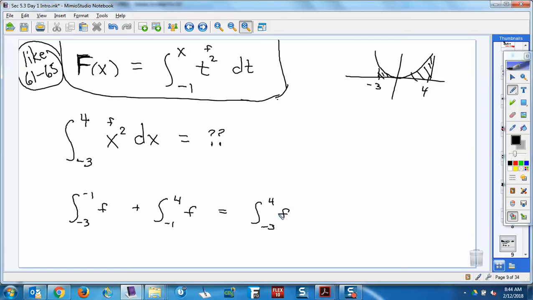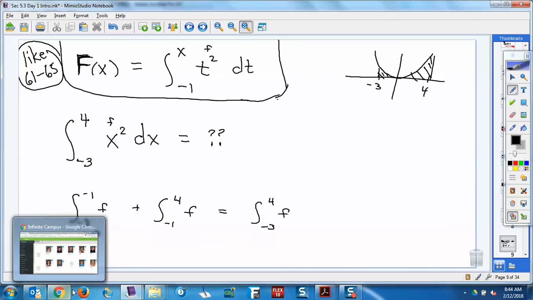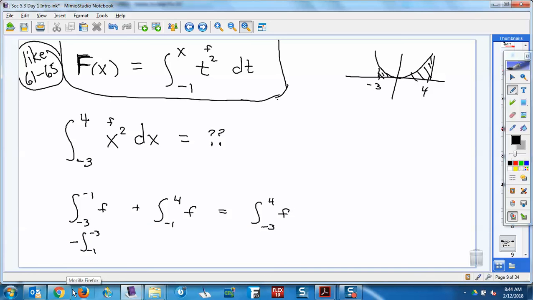Isn't that true? Okay. Now, it also dawns on me that if I would flip these two around, right? I could rewrite this as the area from -1 to -3, but then the answer would be opposite, right? Might be negative, might be positive, depends what the original is, but it's opposite, right?